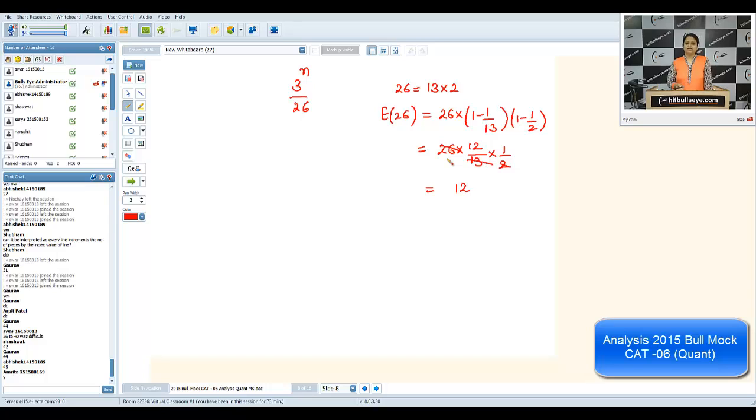Euler number is nothing but cyclicity. I can say it will give you cyclicity directly. We need not calculate this. So I can say that 3 raised to power 12 when divided by 26, remainder will be 1 always. Now I'm using this thing in the original expression.